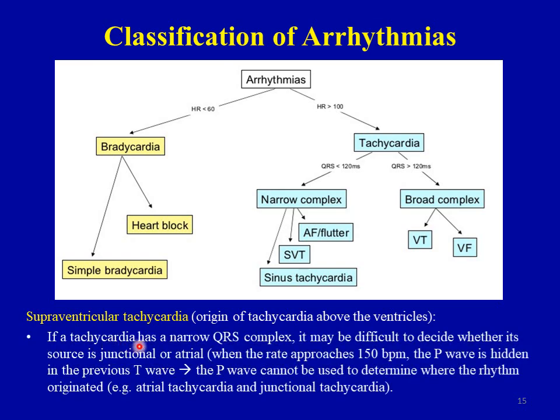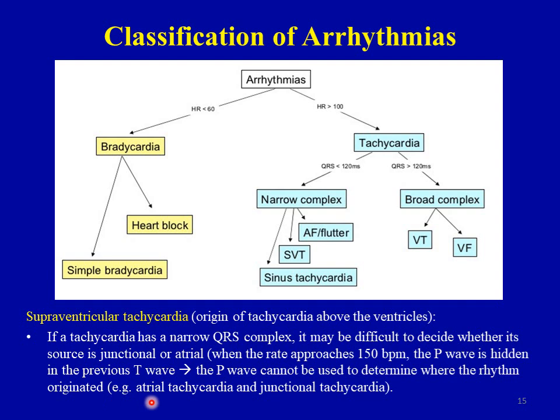If a tachycardia has a narrow QRS complex, meaning the normal duration, it might be difficult to decide whether the source of this arrhythmia is junctional or atrial, especially when the rate approaches 100 beats per minute, where the P waves become hidden in the previous T waves in the ECG. In this case, the P waves become indiscernible or cannot be used to determine whether the rhythm originated in the atria or the AV junction.